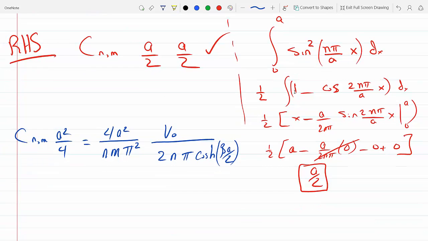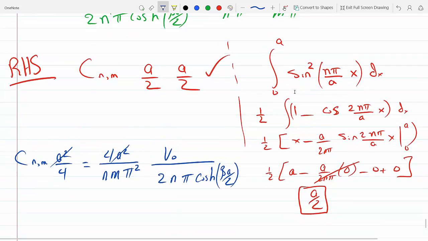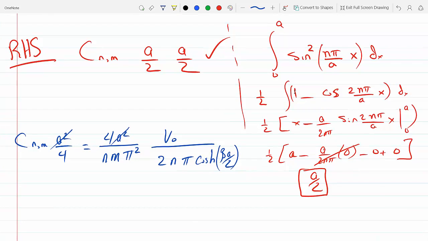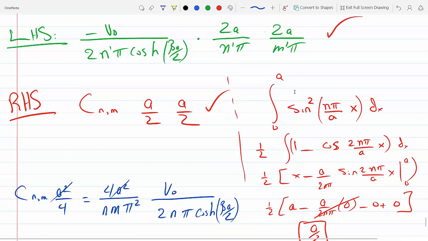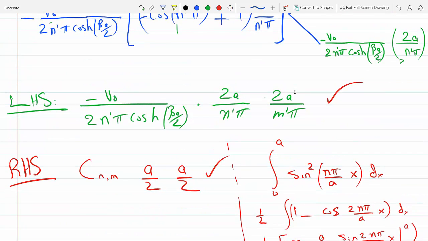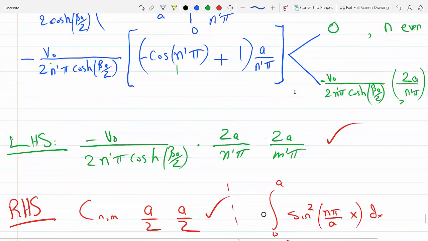Okay, and then just simplify. So these two go away, and you get CNM to equal 16 v0 over pi squared, there's another pi, so what does that make it? N squared. I have a feeling I may have repeated one of these. Second.